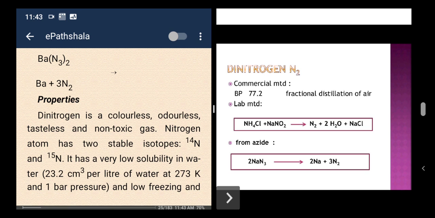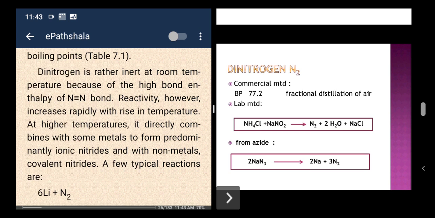Nitrogen has isotopes nitrogen-14 and nitrogen-15, and it has very low solubility in water and a very low freezing and boiling point. Nitrogen is inert at room temperature because of the high bond enthalpy of the nitrogen-nitrogen triple bond, which has one sigma bond and two pi bonds.